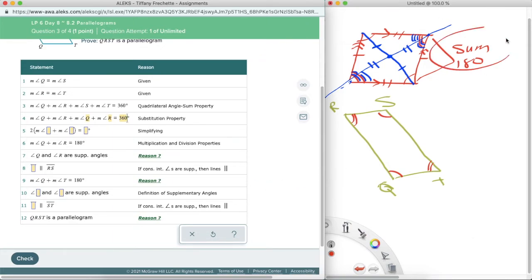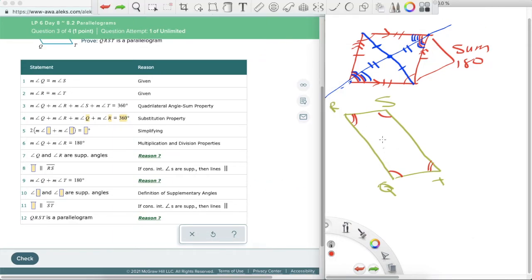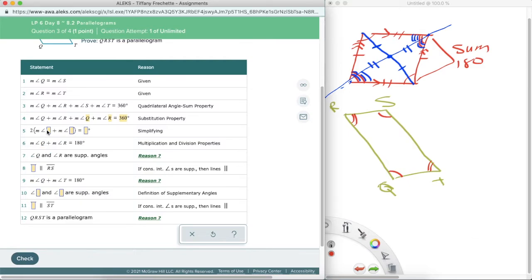If we add S to T, or T to Q, or Q to R, whatever we add together, they should add up to 180 degrees. We want to prove that really quick. If we can prove that, then we can show that the lines are parallel, because that's also one of the ways to prove parallel lines.